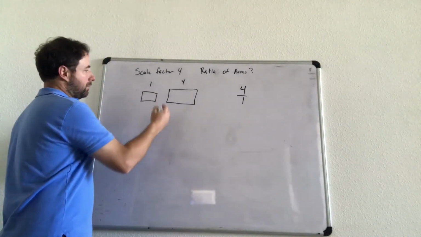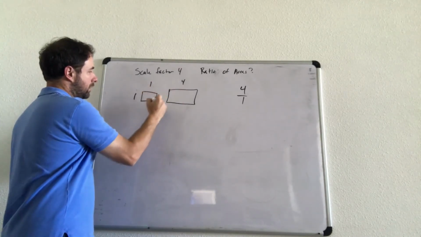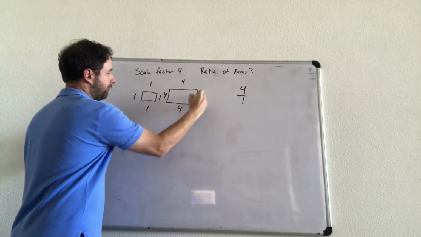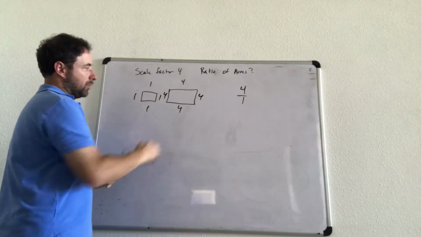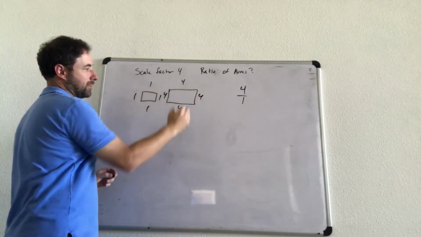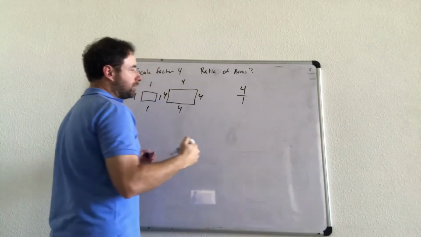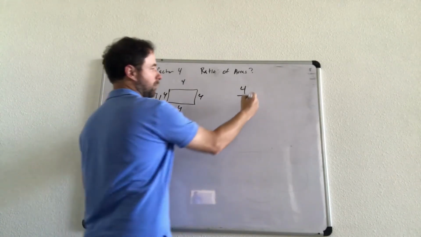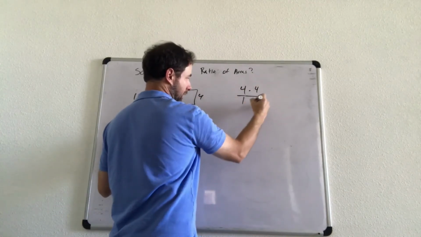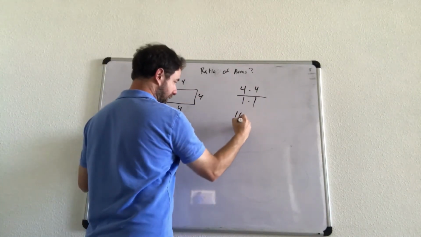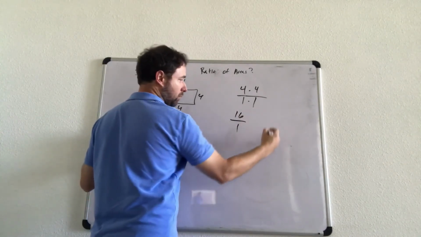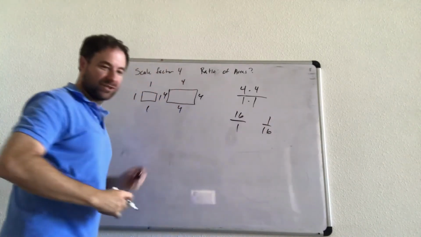If it's 4 to 1, it means all of them, it'd be 1, 1, 1, 4, 4, 4, as far as how much larger they are. So it would be 1 times 1 and 4 times 4. So basically, you would multiply times itself, because area is base times height. So the ratio from one to another would be 16 to 1 or 1 to 16.